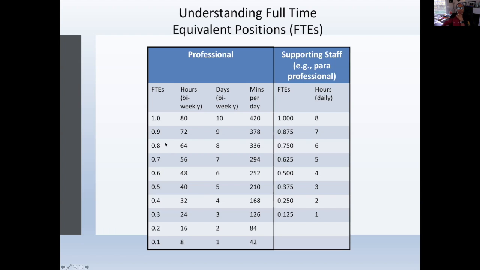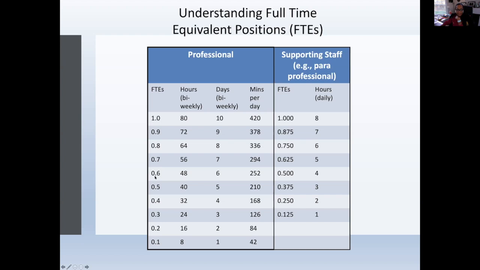The person who's 0.8, following the same logic, has 64 hours over 2 weeks and 8 days within that 10-day window. Maybe I'm working Monday, Tuesday, Wednesday, Thursday of every week with Fridays off. That's one way we can do it. There are other ways as well. But the idea is that if I'm 0.8, I have 336 instructional minutes per day to give to students.